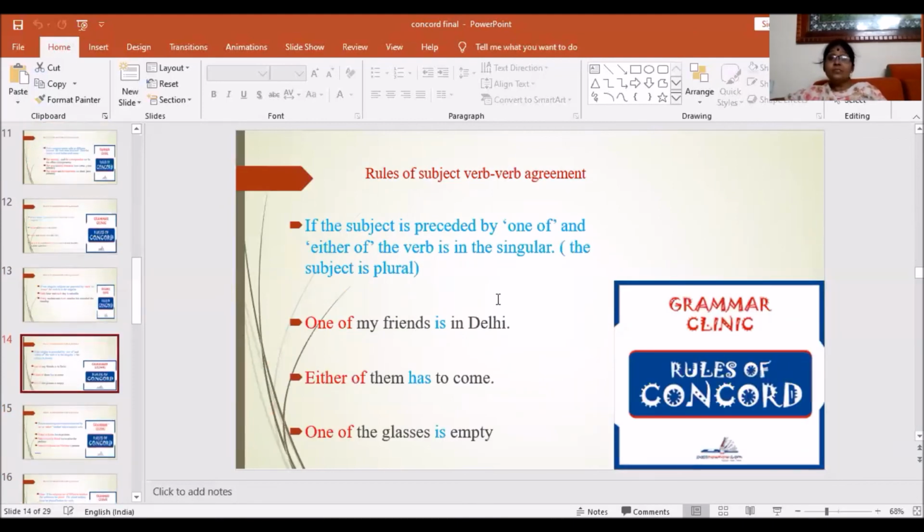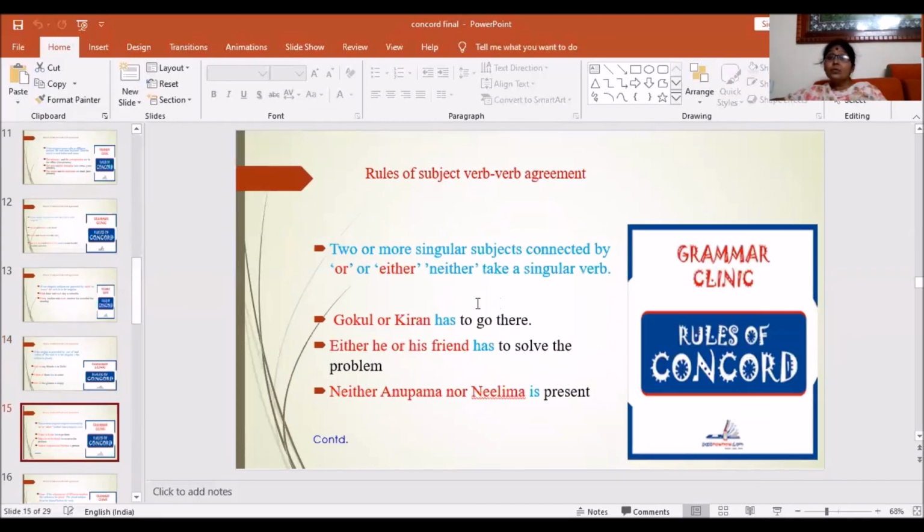Then the next rule is, if the subject is preceded by one of and either of, the verb is in the singular. The next one is, two or more singular subjects connected by either or neither nor take a singular verb, right?